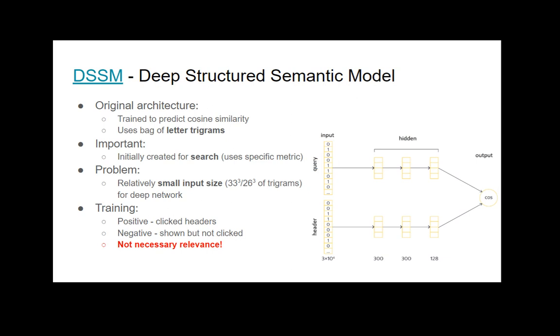And again, 300 by 128 and by 2, you get some pretty big number of parameters. And for this kind of network, this size of input vector is very small. It's around 10,000 values in the input vector.